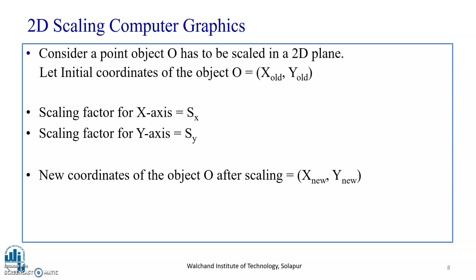Thus, the new coordinates of the object O after scaling are x-new and y-new. So, whenever we want to scale a particular object, that is a graphic primitive, maybe a circle, a square, or a polygon, what is important is the scaling factor in the x and y directions.